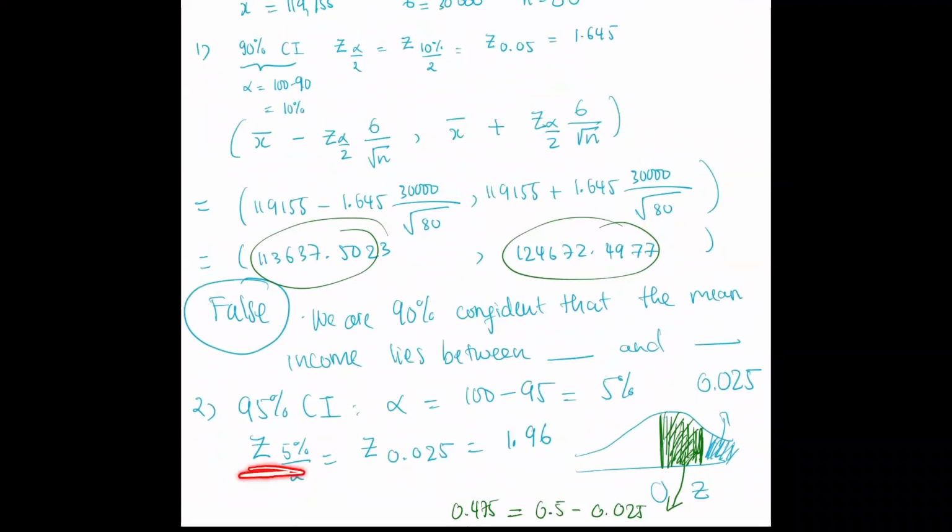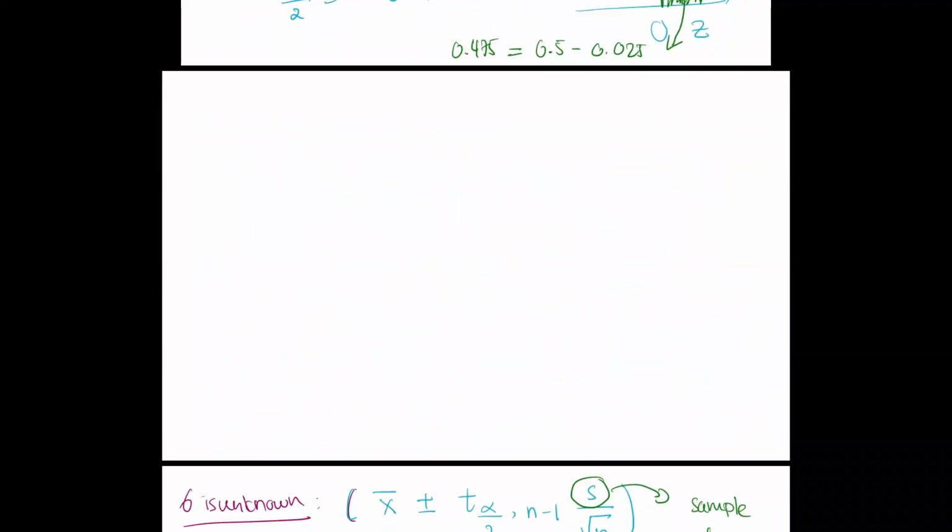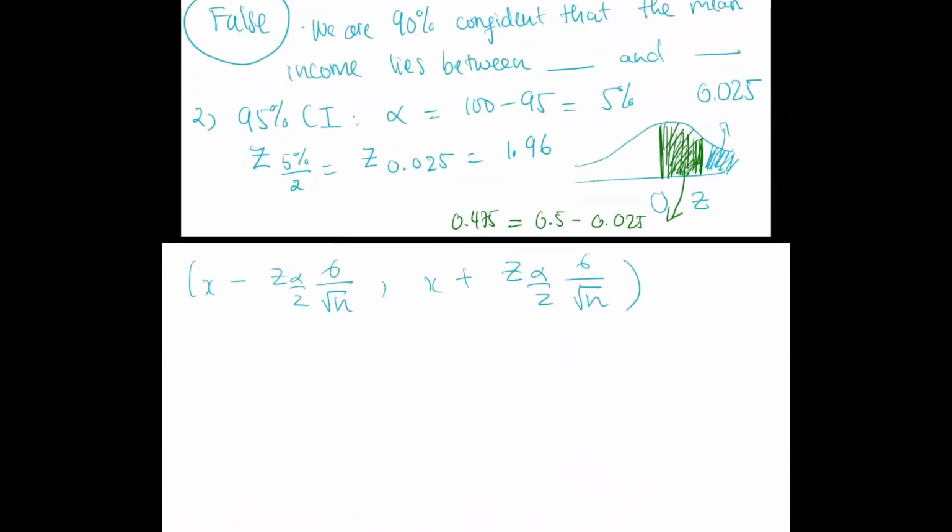Okay, so now I have my z. I have all the information I need, right? So I just construct the interval. It's really tedious because it's just the same formula, but it might give you points in the final exam because you just need to calculate correctly.